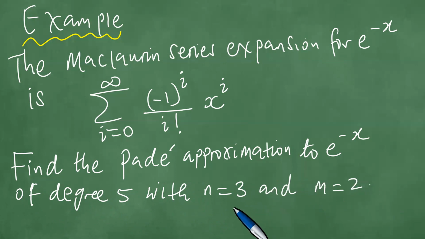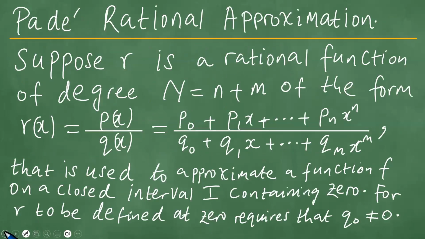So it is of degree 5, but the question is clear that n equals 3 and m equals 2. The n is the degree of the polynomial in the numerator, and the m is the degree of the polynomial in the denominator.